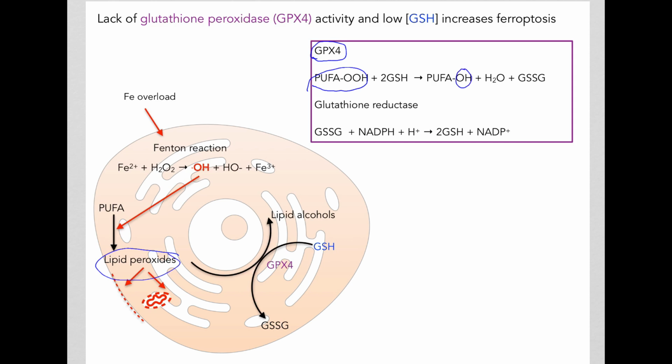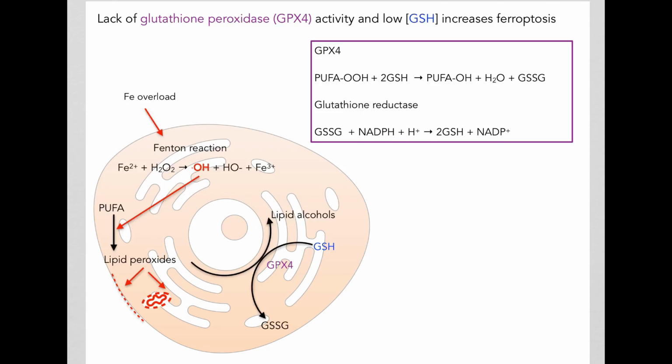So the PUFA peroxides will become PUFA alcohols. And once again, we see the requirement for reduced glutathione. This can only happen if there's enough reduced glutathione. And this reduced glutathione comes with the help of the enzyme glutathione reductase, which converts the oxidized form into the reduced form.